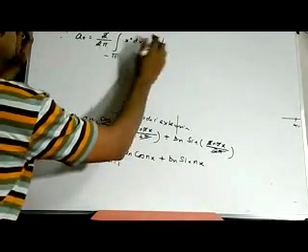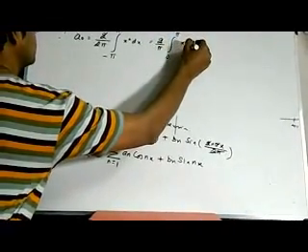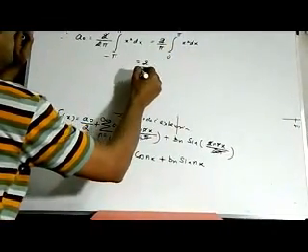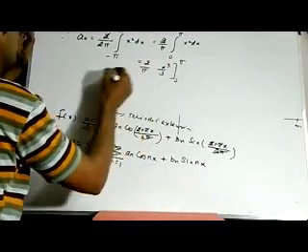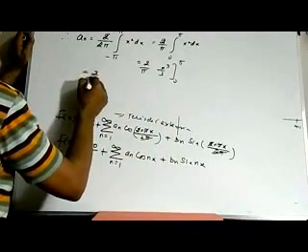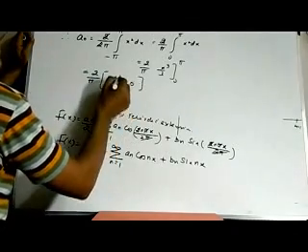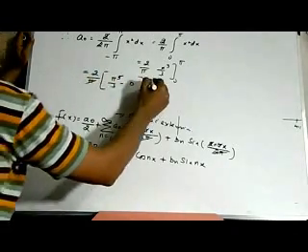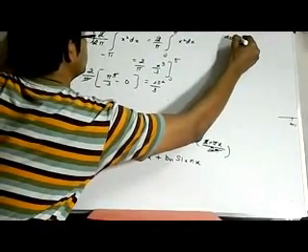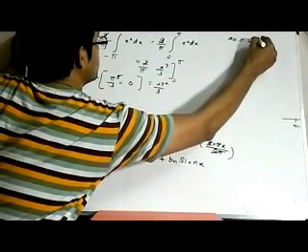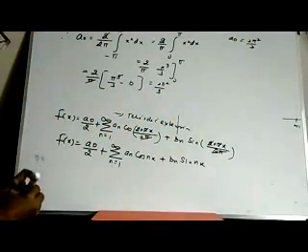Now since it is an even function, I can write 2 by π, 0 to π, which is 2 by π, x cube by 3, 0 to π. If you simplify it, π cube by 3 minus 0. This will cancel with this. So it is 2π square by 3. So we have found a0.